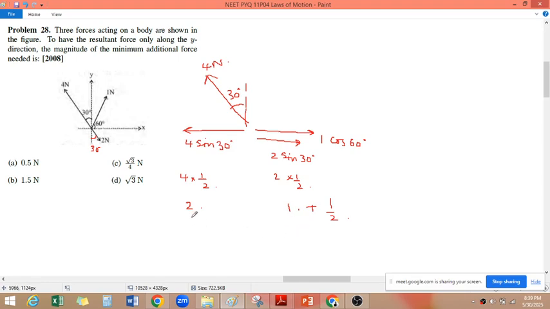This side I have 2, which means I need to have another half acting this way to balance this one. Only then it will become 0 in the x-axis. So that means half is your answer. Minimum additional force, so that means 0.5 Newton. If I add it on this side, this and this will be equal.